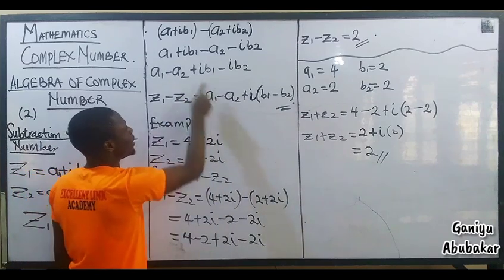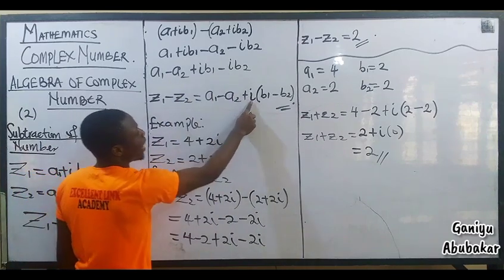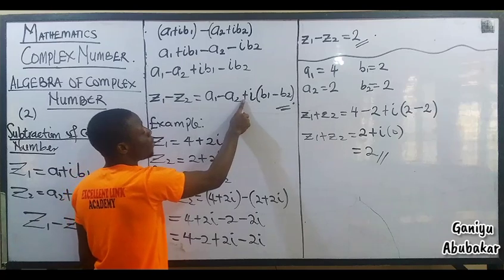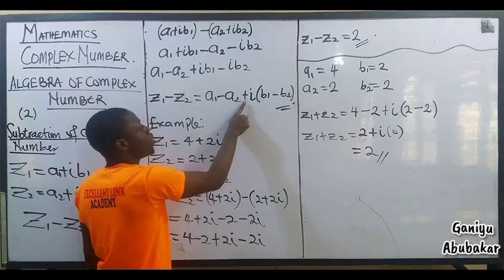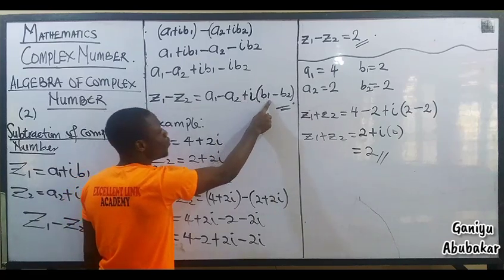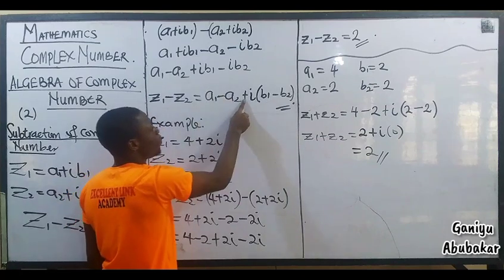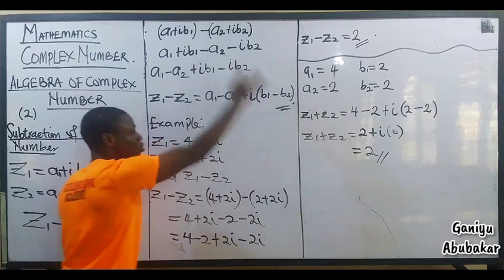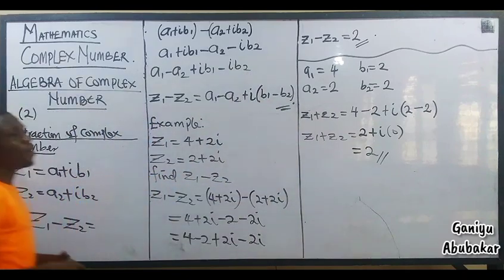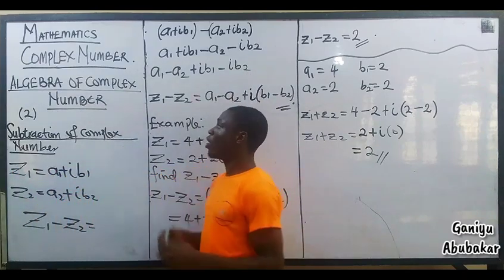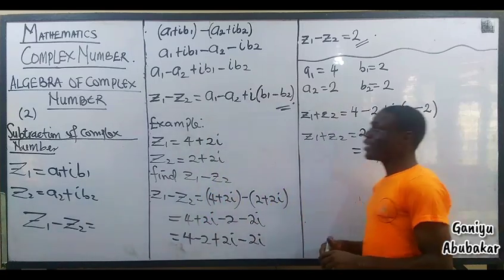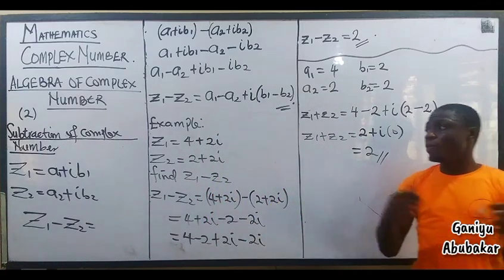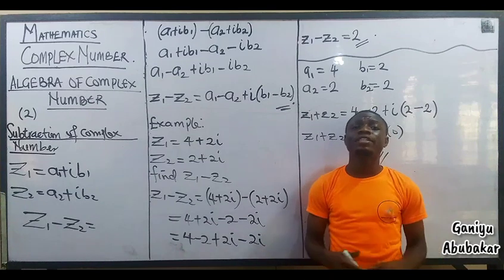Similarly, I'll factorize i out: plus i times b1 is ib1, and minus i times b2 is ib2 with the negative sign. So this is how to subtract a complex number. Now next class, we discuss how to multiply, and even how to divide, complex numbers.